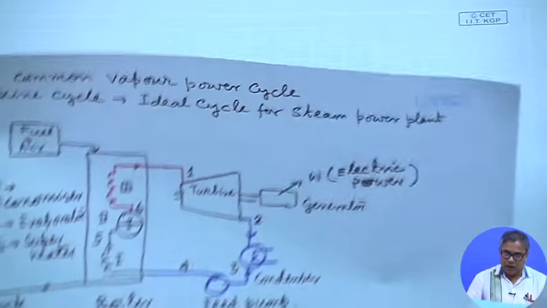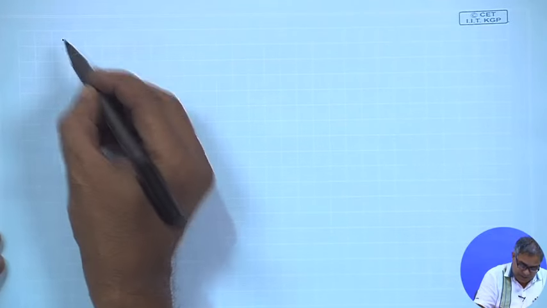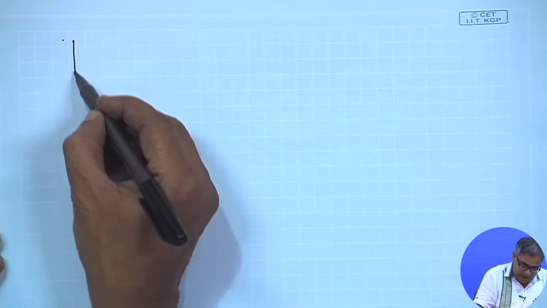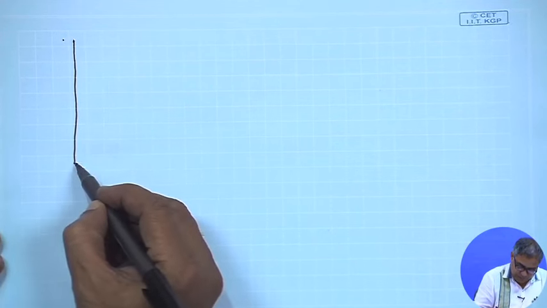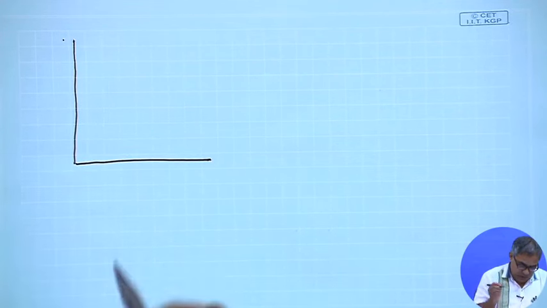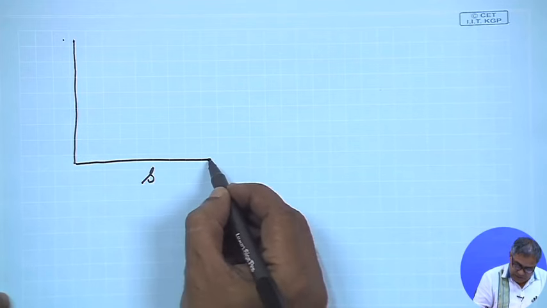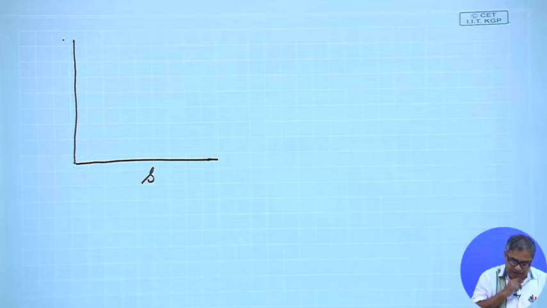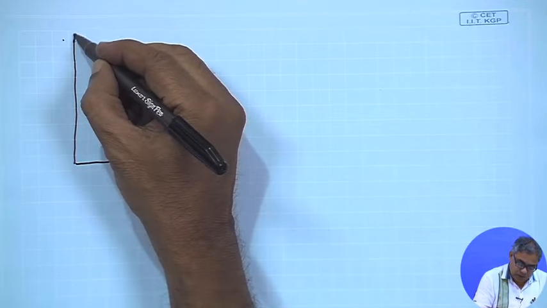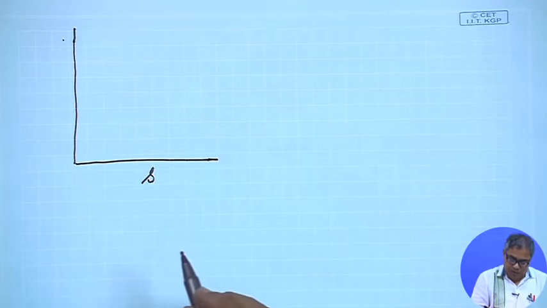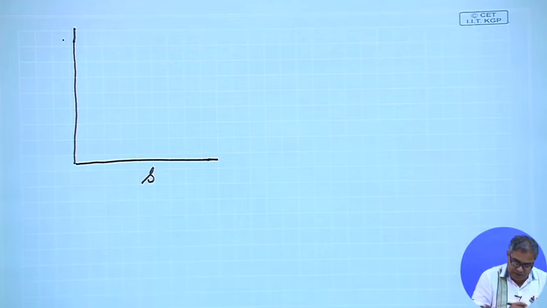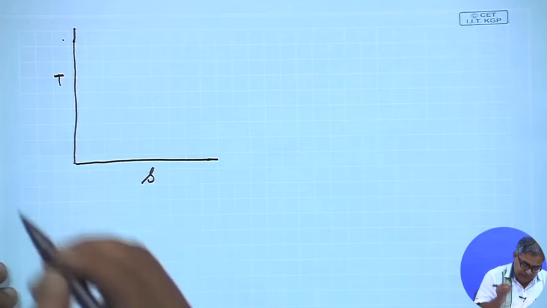Now, if we represent it on a thermodynamic plane, the convenient plane is the T s plane. Generally, we do analysis based on per unit mass. So, I have written s and temperature.